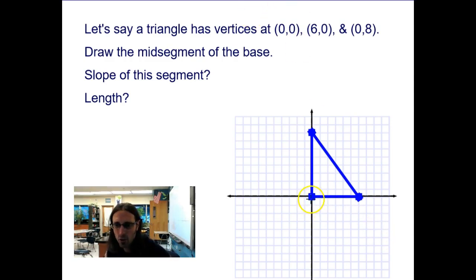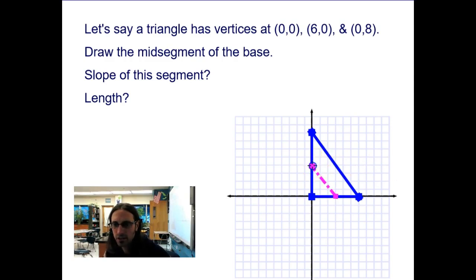Since I have a horizontal line that's 6 units long, the midpoint is going to be 3 units in. So I'm going to go 1, 2, 3. So here's my midpoint. And then if I look at this vertical side, you'll notice that is 8 units high. Half of 8 is 4, so I go 1, 2, 3, 4. Boom.